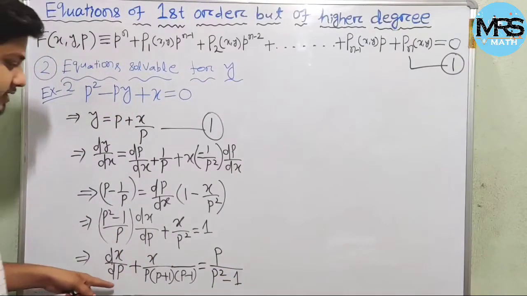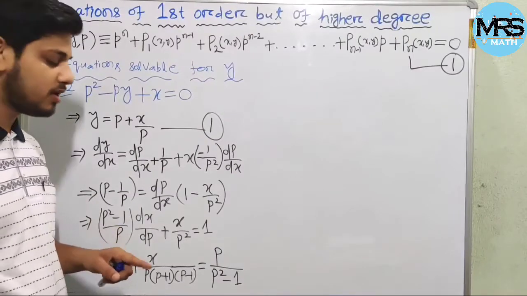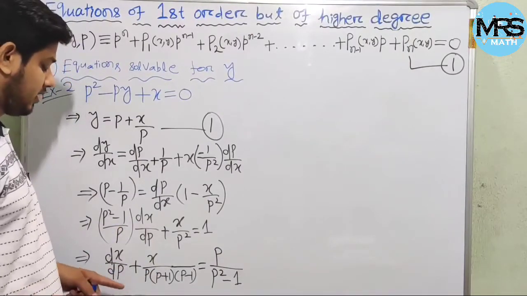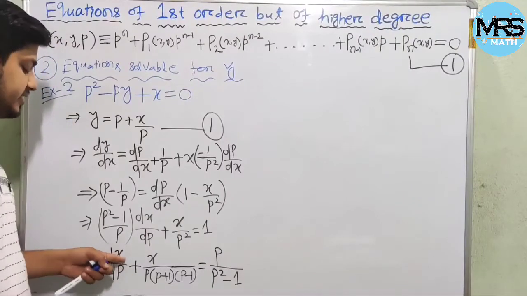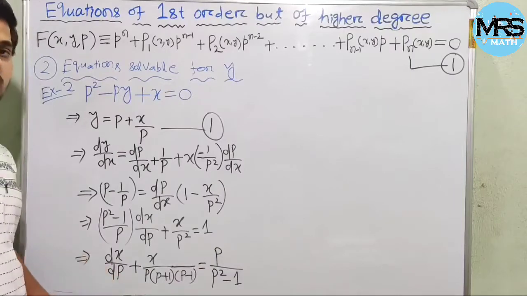Okay, so you can see that this is a differential equation of first order which is linear, and if you assume that x is the dependent variable and p is the independent variable.